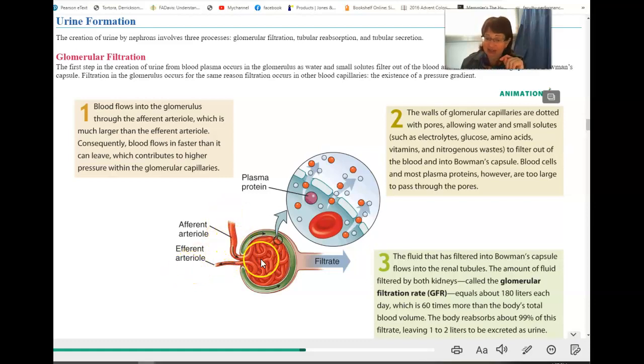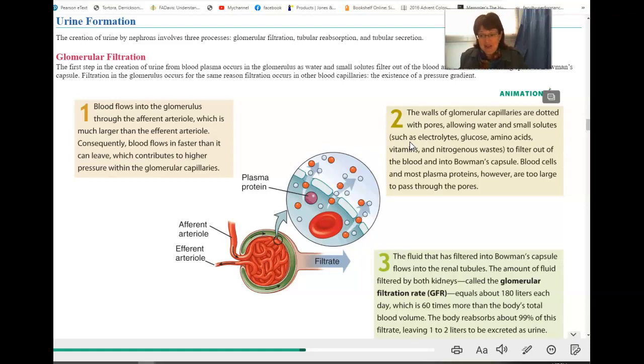So as a result, there is a pressure buildup, and also the pressure coming off of the heart, the blood pressure, will result in all things going through. Number 2 point says, such things such as electrolytes, glucose, amino acids, vitamins, nitrogenous waste. Everything goes through except the blood cells and the large protein plasma because they are too large.